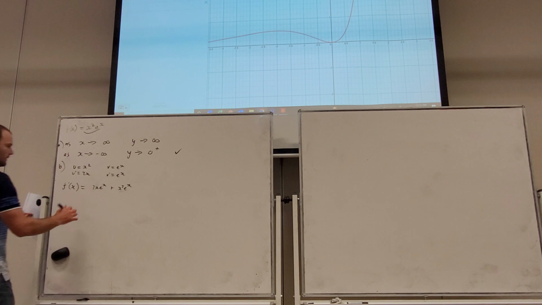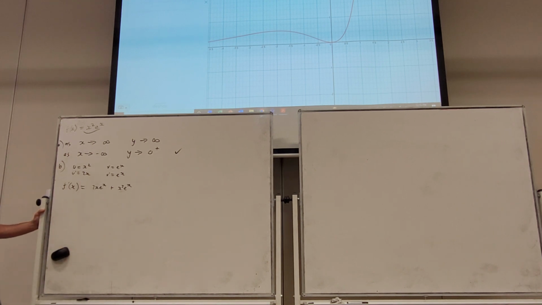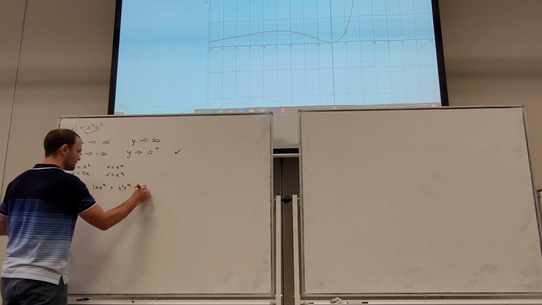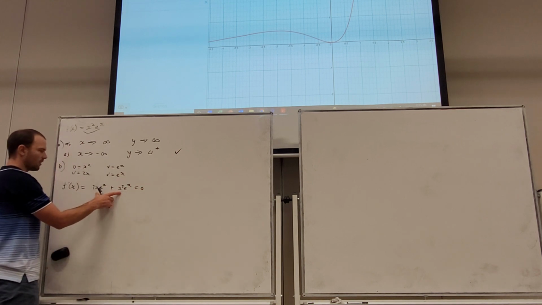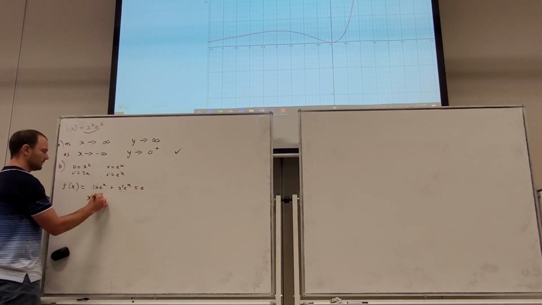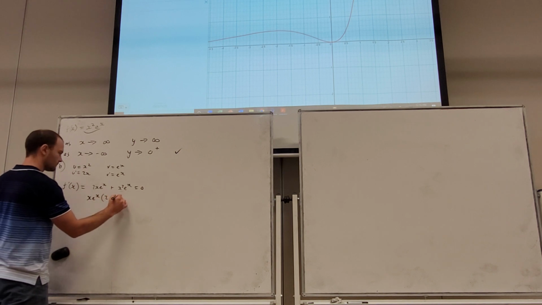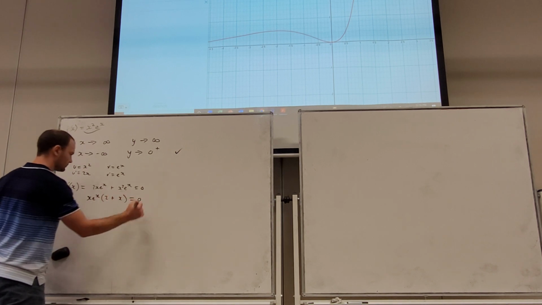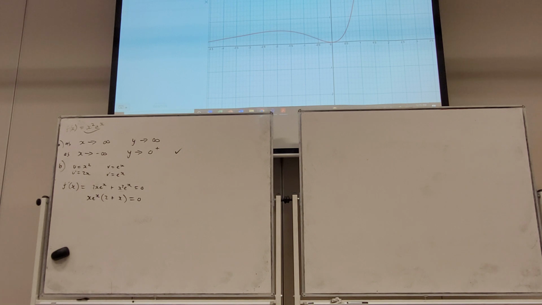Okay, so firstly, if we want to draw a sign diagram, we want to know what the roots are. So when is it going to equal 0? We're going to factorize x e to the x. That's what's common. Okay, factorize there.